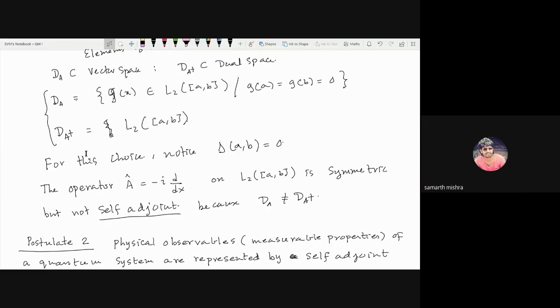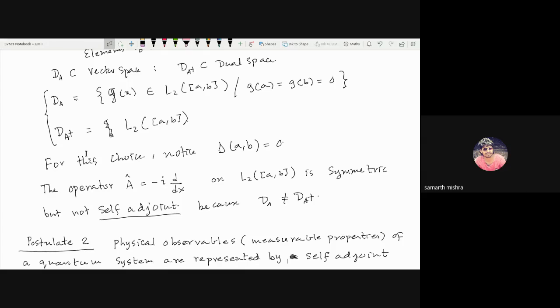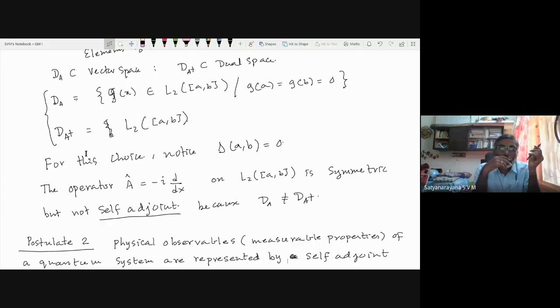Okay, but whether that adjoint is the same as the operator is another matter. If every operator has an adjoint, then how do we interpret that physically? What does the adjoint of every operator mean? Suppose I have an operator for angular momentum and its adjoint exists. What does the adjoint of the angular momentum operator mean? Basically, angular momentum is a physical observable, and for physical observables, the operators corresponding to them will always be self-adjoint. That means the adjoint and that operator will be the same.